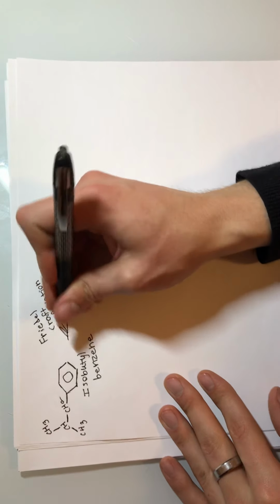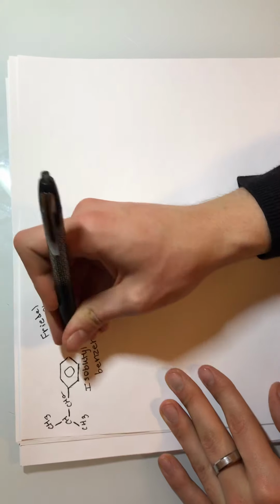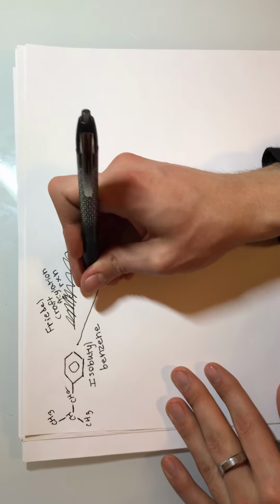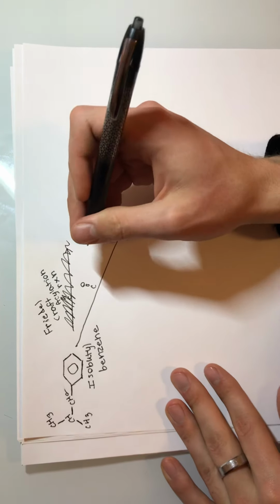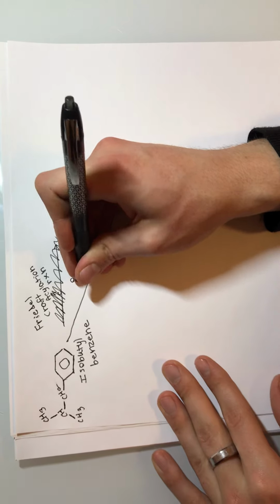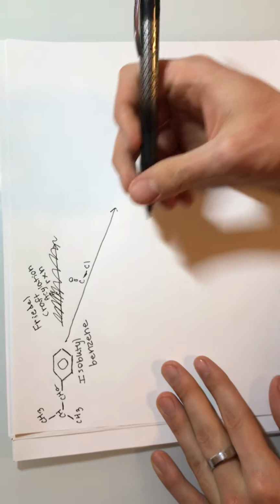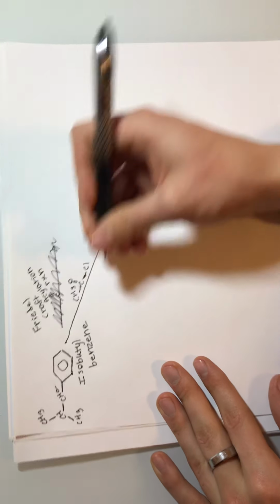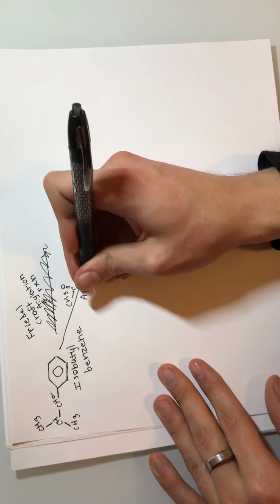Let me do this. That way it's clearer. So we have the C double bonded to the O, and then bonded to a Cl, and bonded to a methyl group, so CH3. And then we're going to, of course, have the aluminum Cl3.